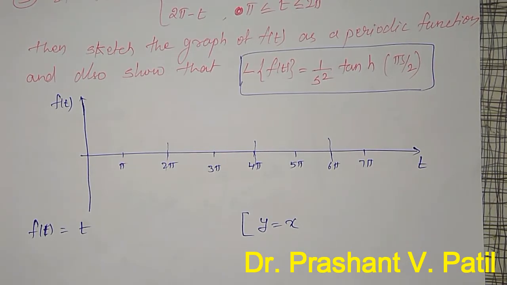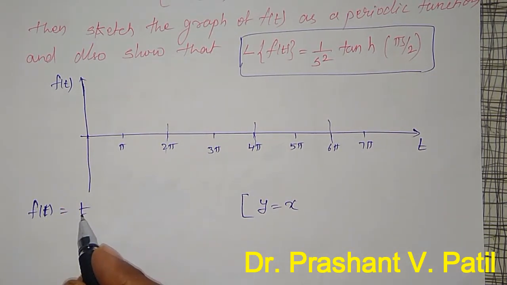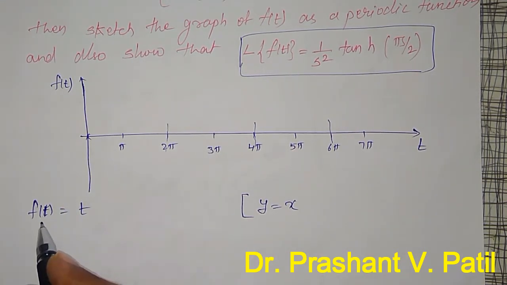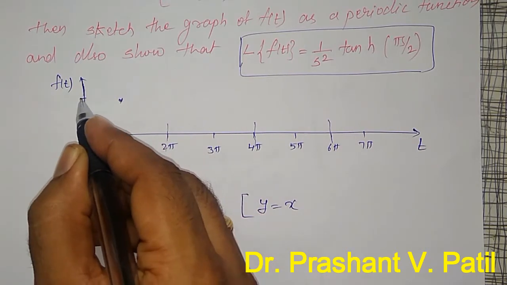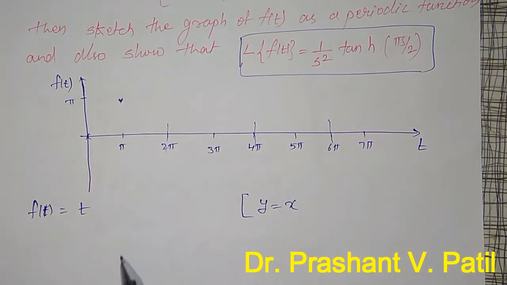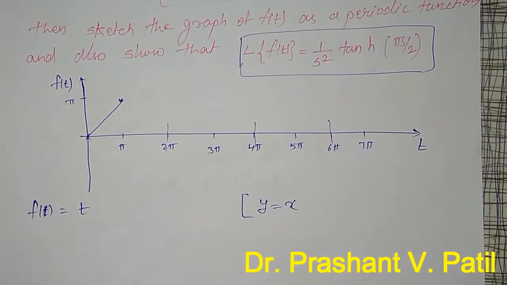To draw a straight line, any two points are required. Putting t equal to 0, I get f of t equal to 0. Therefore one point is here. Another point is at t equal to pi, where f of t also equals pi. Joining these two points, I get the required straight line.